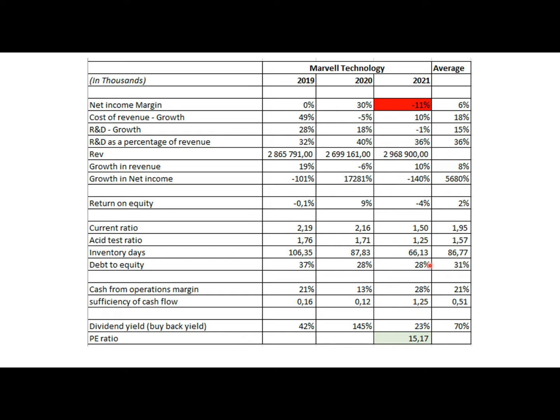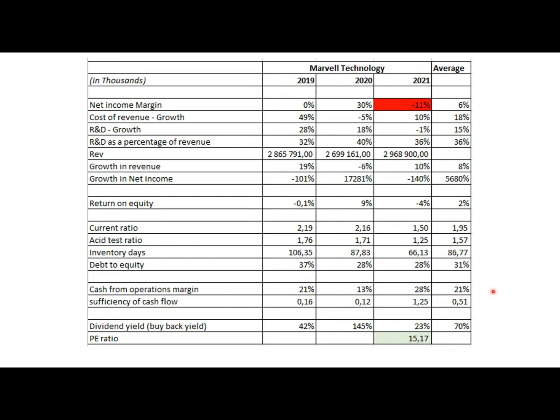Right, now the cash position. The cash from operations margin has been increasing. Slight dip in 2020, but a massive pop in 2021. So it has been increasing, though below the industry average, which is about 32%. But I love the fact that it's been increasing.